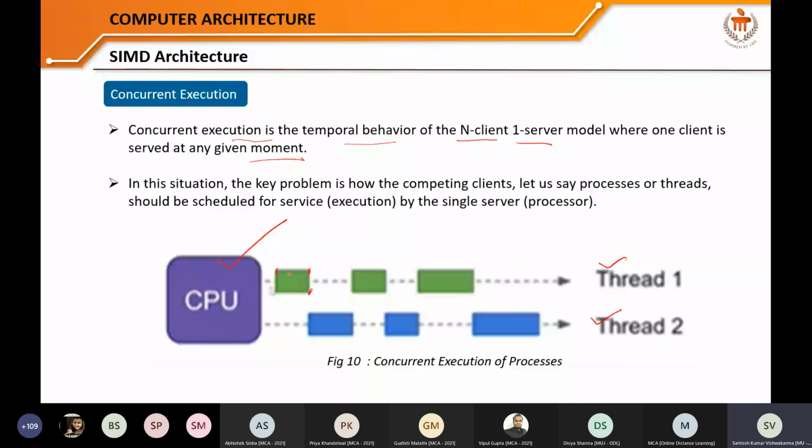In this situation, the key problem is how the competing clients, let us say processes or threads, should be scheduled for service execution by the single server. So it means one CPU serving multi-thread systems. As you can see, it has benefits compared to serial execution, where only one process was in the system.